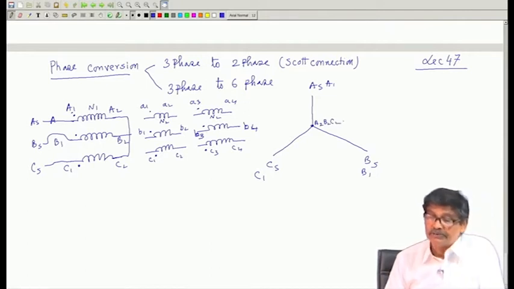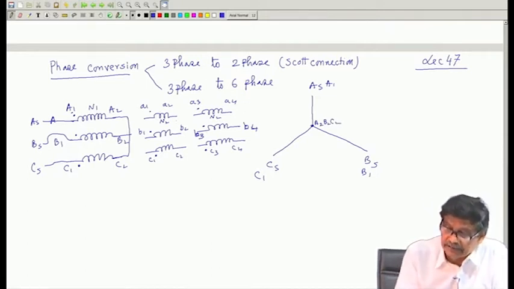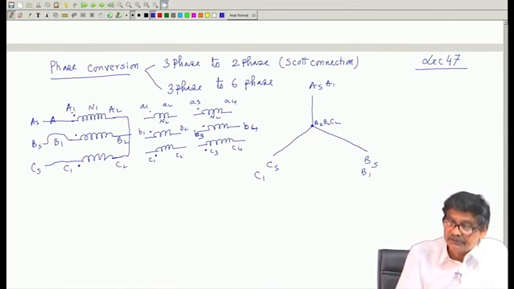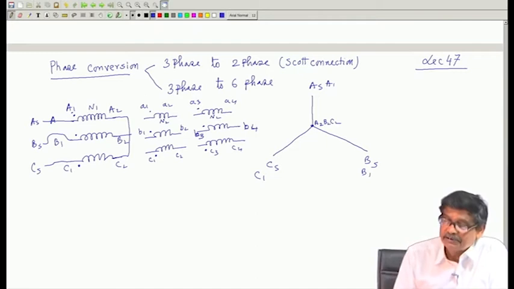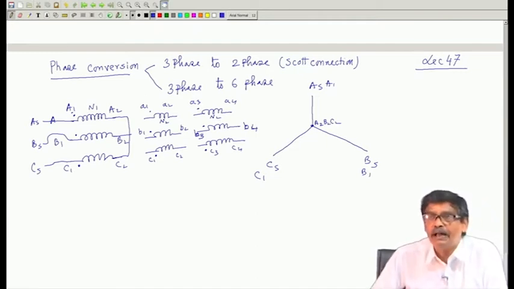Now you connect the secondaries, these 2 groups, in stars, but one connection you make Y by 0 and the other as Y by 6, and you are done. Why?